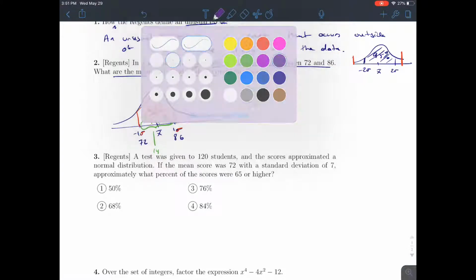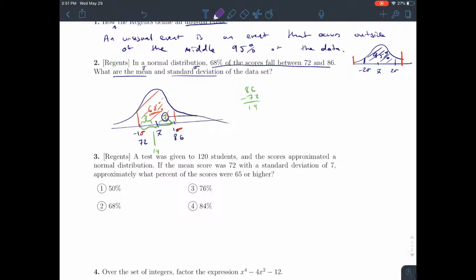Because these are 1 sigma from the mean, this is 1 sigma. And we can use these 7s to determine the mean as well. So if we have 72 here, and then we add 7 to it, that should put us at the mean, which would be 79. And a quick check shows 79 is also 7 units from 86. So the mean is 79 as well.